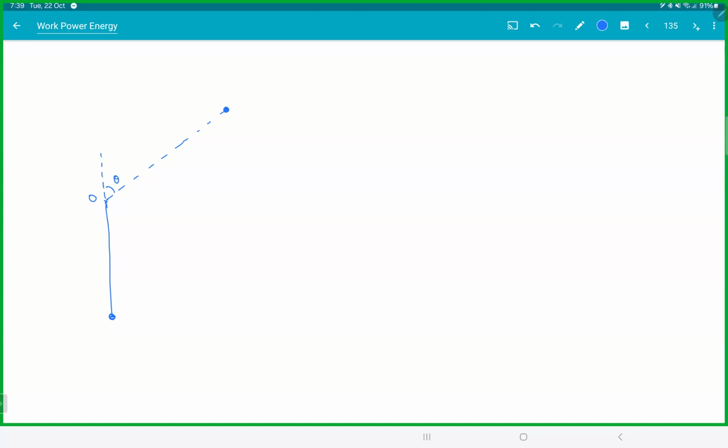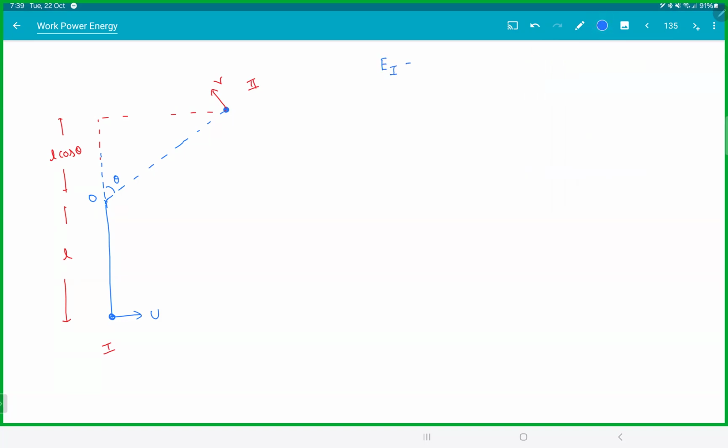Let this angle be theta. Let the speed be u. At this point, let the velocity be v. This height will be L cos theta. This would be L. This is state 1. This is state 2.